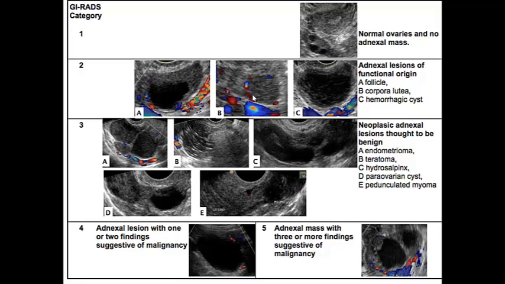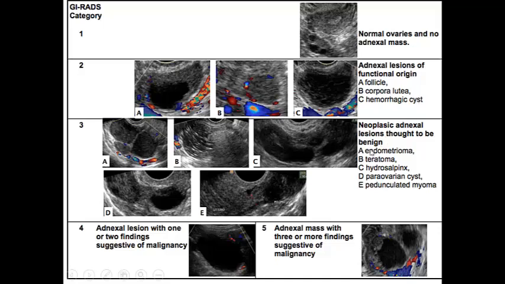It may appear as mimicking a completely solid lesion. It may have a corrugated outline, so it has different appearance, we will see later. And a hemorrhagic cyst like that, and usually hemorrhagic cyst disappears after 1 or 2 cycles, so give it time. So these are the adnexal lesions of functional origin.